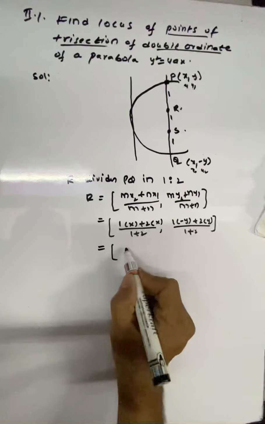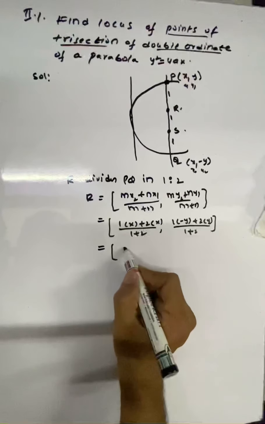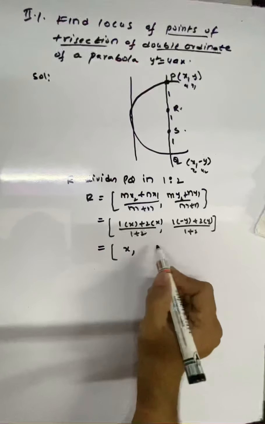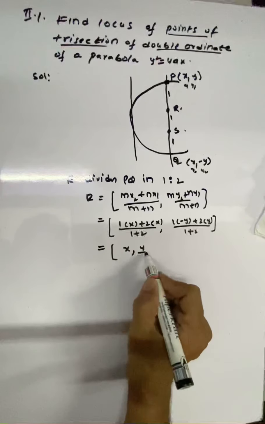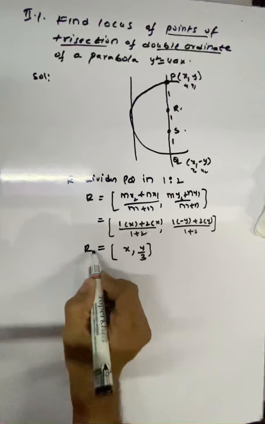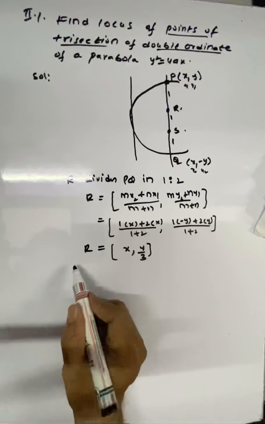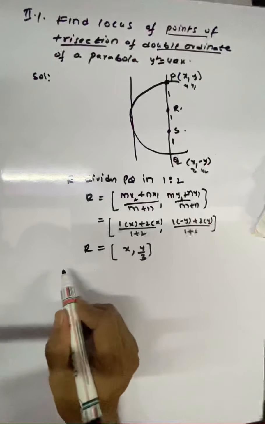So we have x plus 2x, 3x by 3, minus y plus 2y, y by 3. This is R.